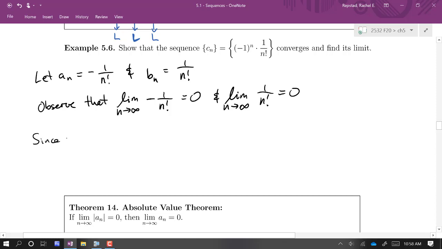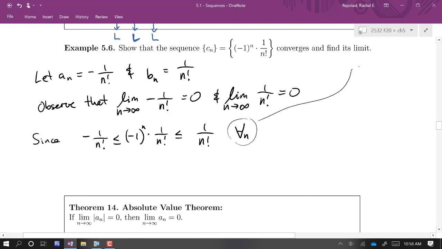And since negative 1 over n factorial is less than or equal to (-1)^n times 1 over n factorial, this sequence in the middle that just oscillates in between the two, which is less than or equal to positive 1 over n factorial, and that's true for all n. Here's what might be a new symbol. That little upside down A means for all.